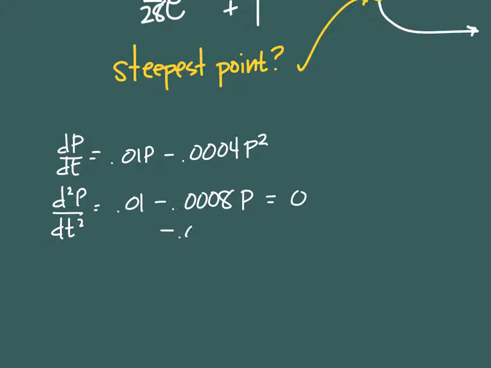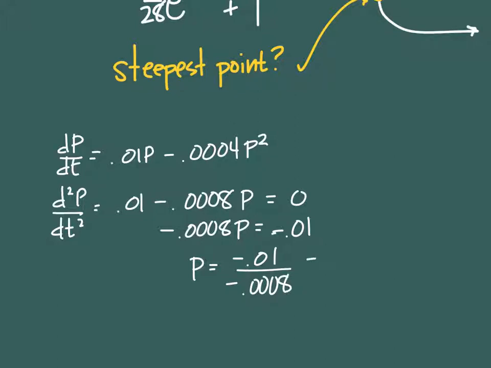So negative 0.0008P equals negative 0.01. So P is negative 0.01 divided by negative 0.0008. I get 12.5. Okay, so this is happening when the population is 12.5.